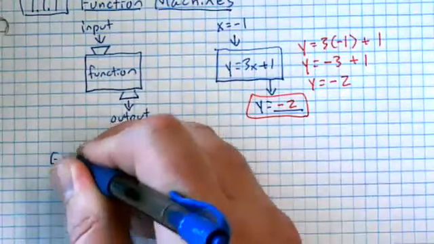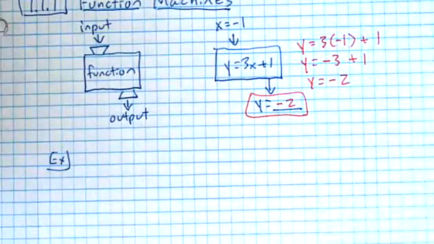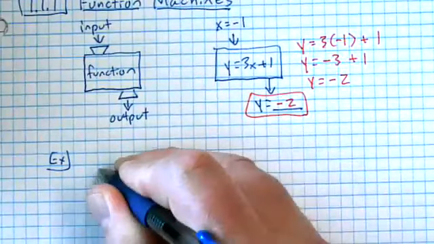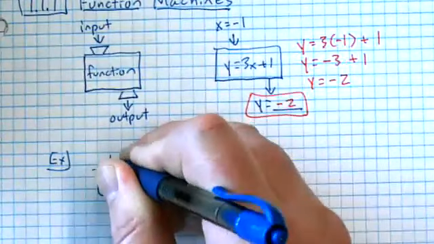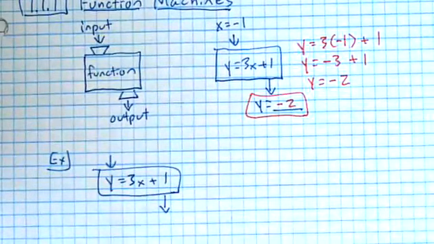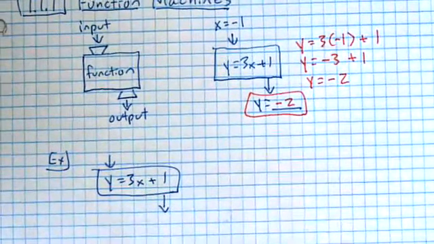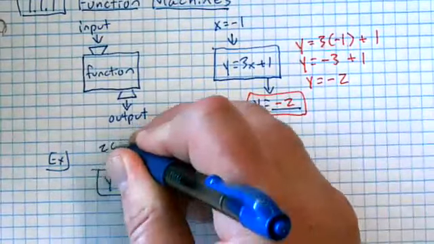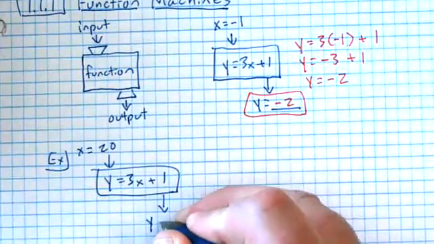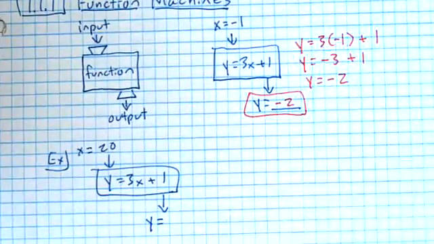All right, example number 2. Let's stick with the same function with a different input this time. Let's say we put 20 in as our input. So x equals 20 as our input, and we're going to try and find our output.